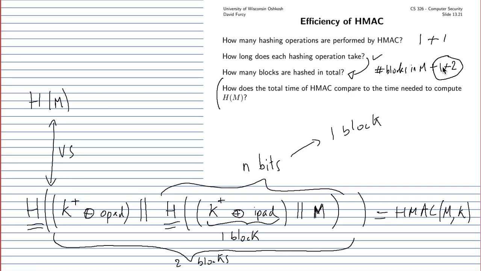And that's pretty minor, especially, like I said, if M is large enough. So this concludes our evaluation of HMAC. It's a relatively fast algorithm. It's as secure as the hash function that it uses, and this explains why it has been so popular in the past few years.